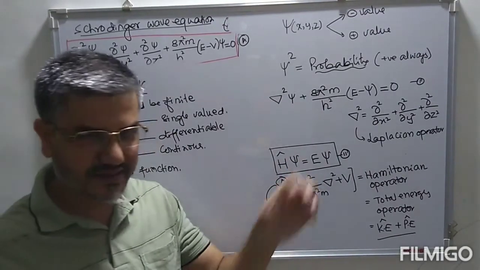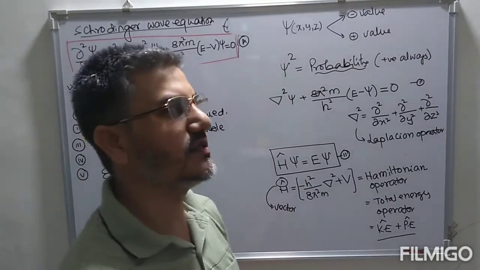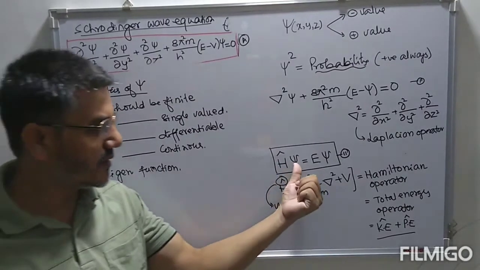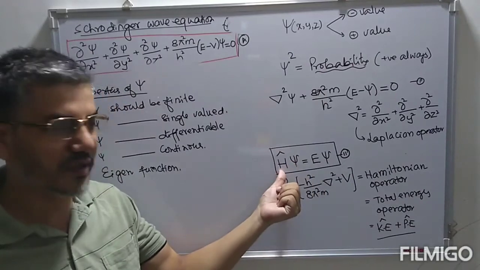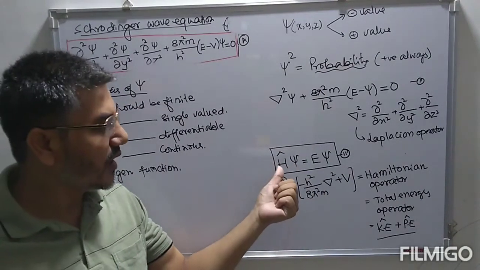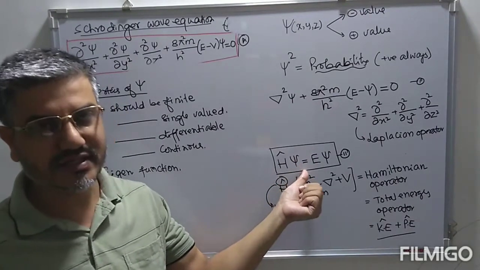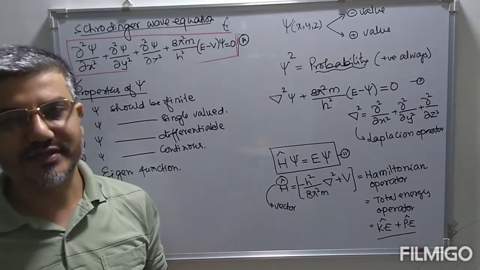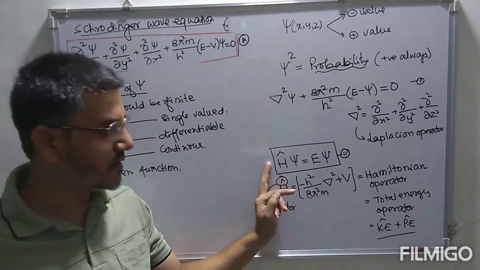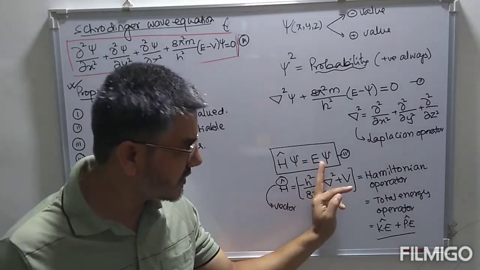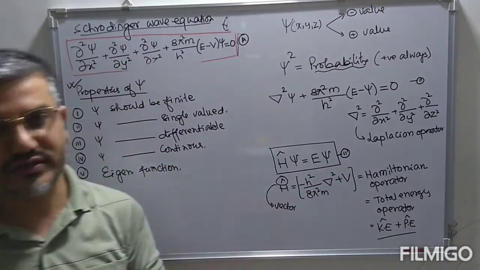This wave function psi doesn't have any importance in chemistry by itself. It comes into importance only when it is operated by an operator. Unless this operator operates on this wave function psi, it doesn't have any significance. So only when this wave function psi is operated by an operator, it gives you a quantity known as the total energy of the electron, and the same wave function is regenerated.